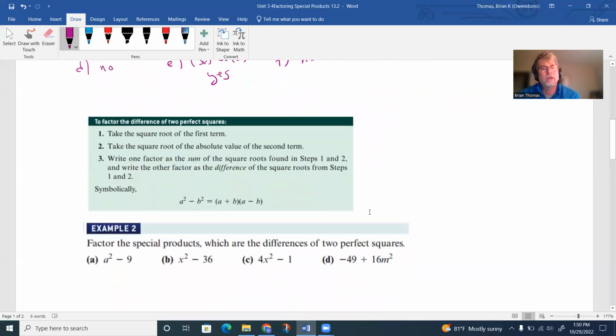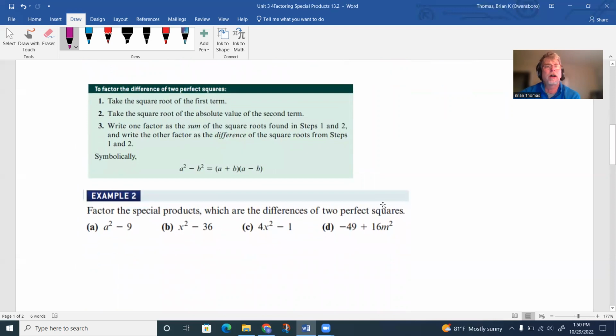Once we recognize the difference of squares, we want to know how to factor it. Remember, factored form involves rewriting it as a product of two. In this case, it's going to be a product of two binomials. So what we do is we take the square root of the first term and we take the square root of the absolute value of the second term. In other words, ignore the negative, if you will.